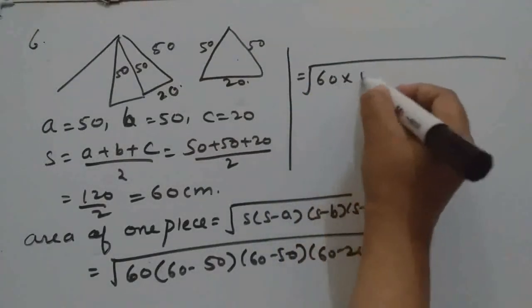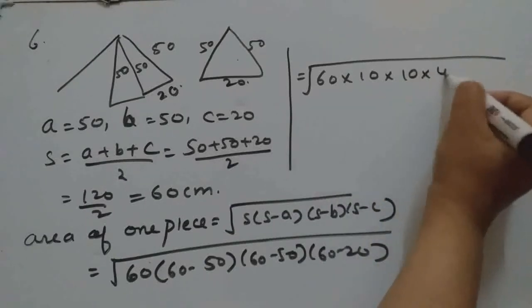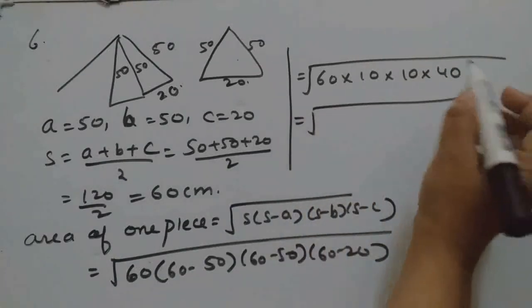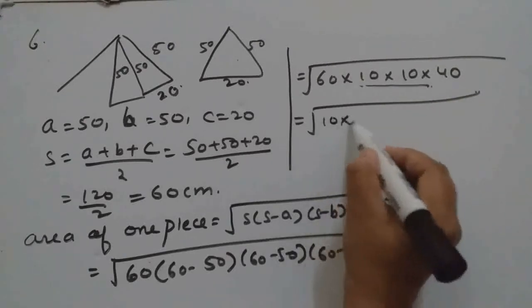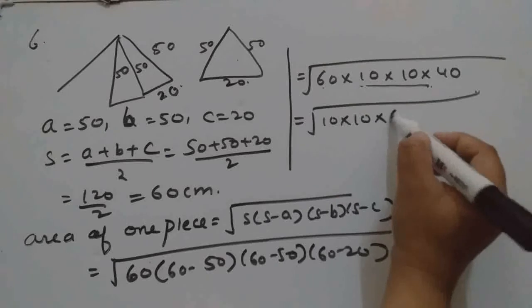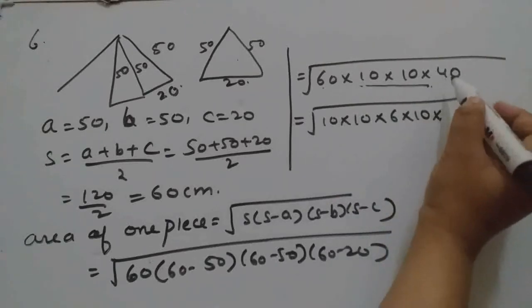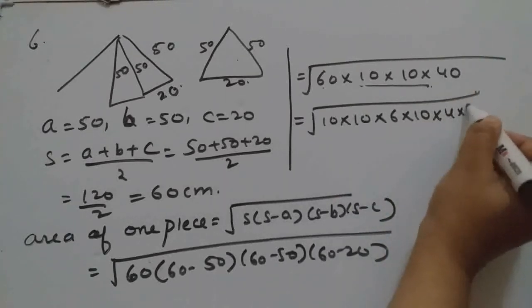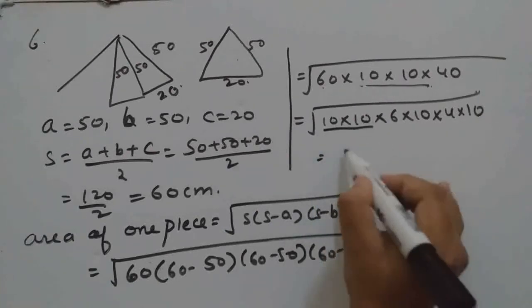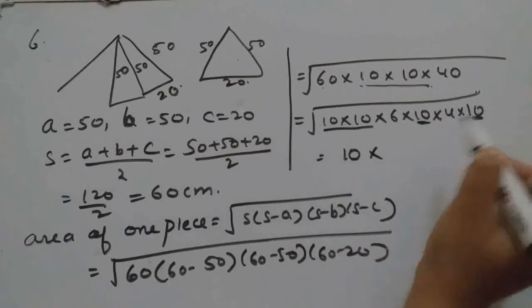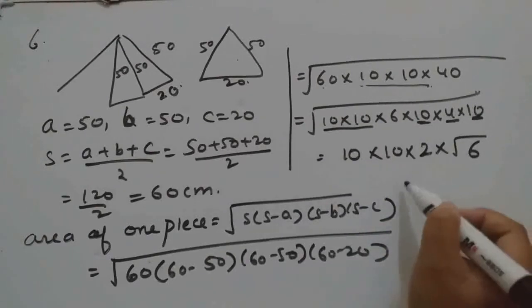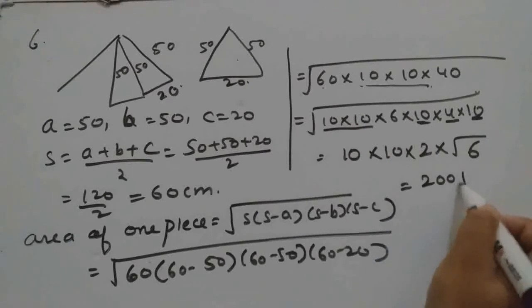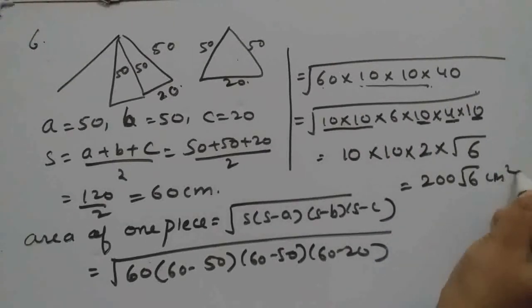So 60, 10 into 10 into 40. See, this 10 has a pair, we will write as it is. Then this 60 we can write 6 into 10, and 40 we can write 4 into 10. So this will come out, this will come out, square root of 4 is 2, root 6 will remain inside.